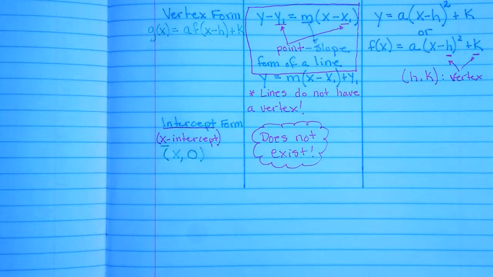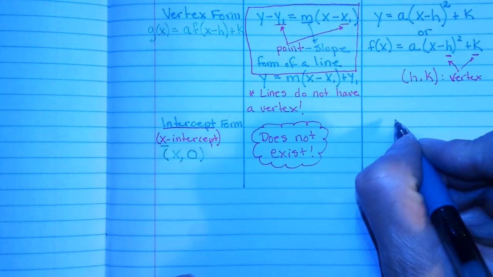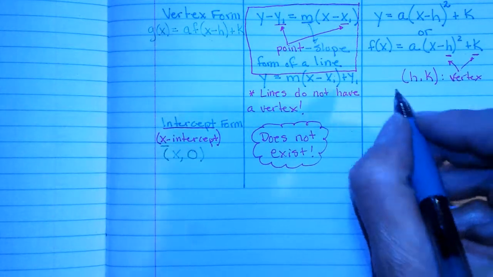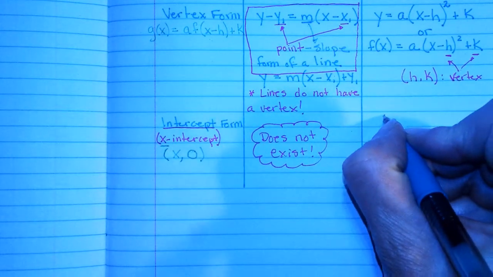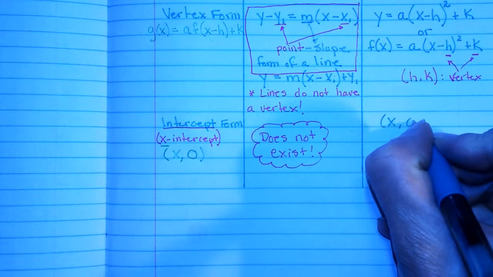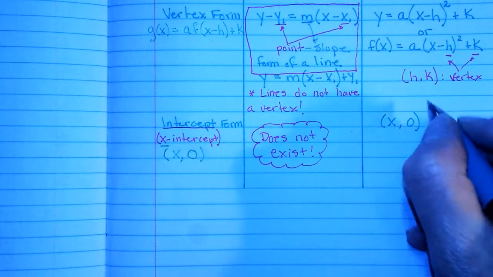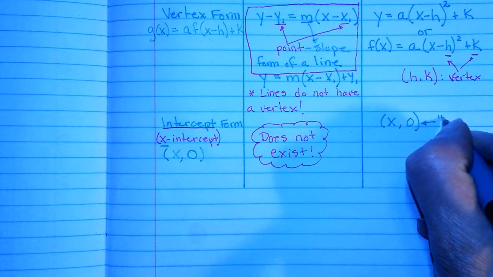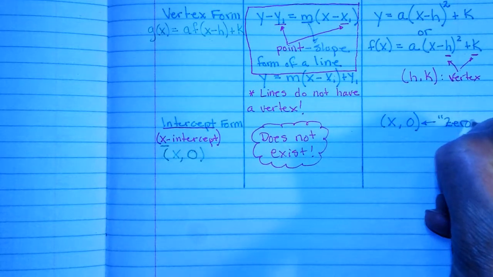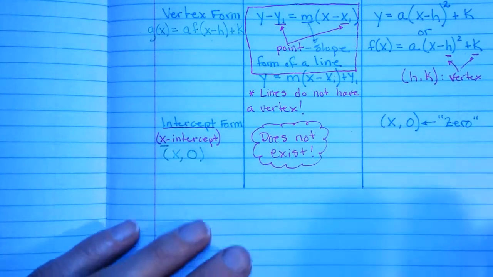However, for a quadratic, there is a form. And that form I'm going to show you, we can have x comma 0. And this means that we're looking for the zero of the function.